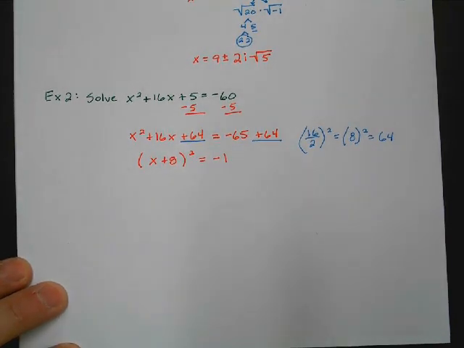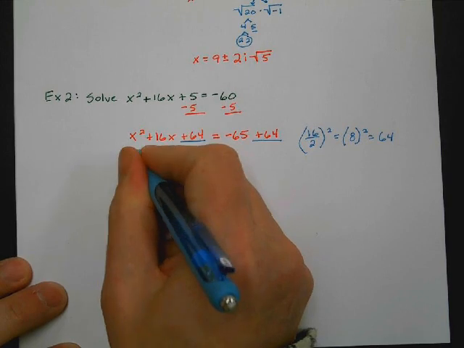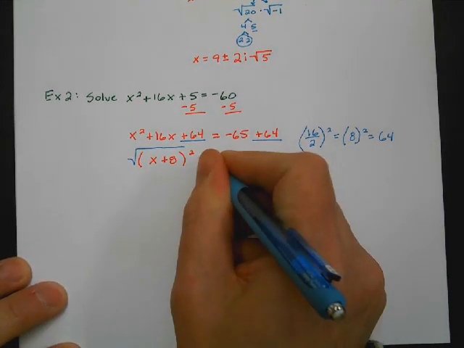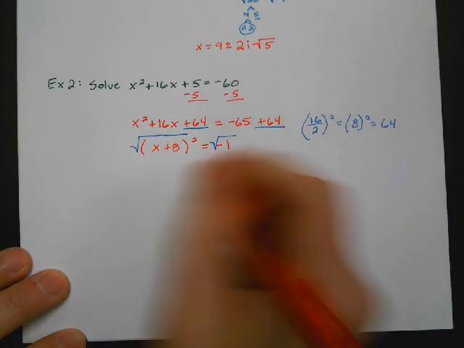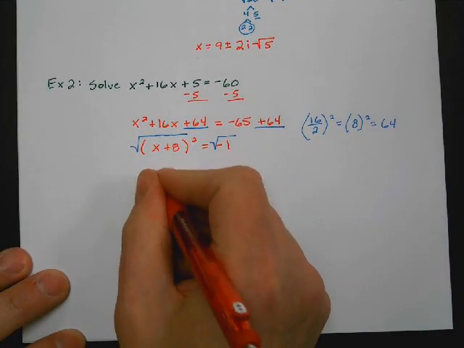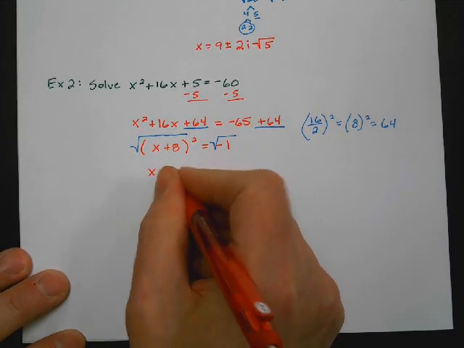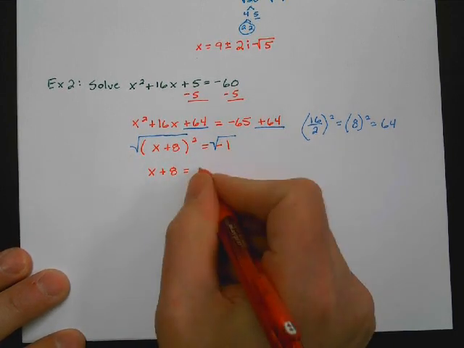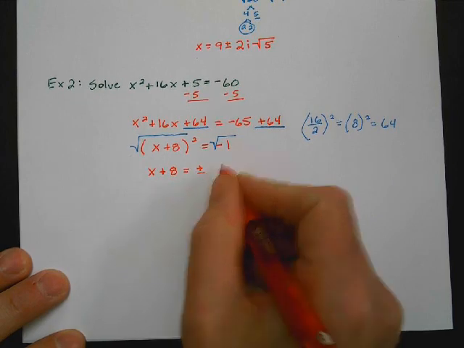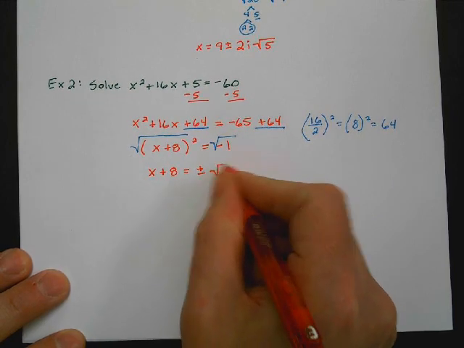All right, now we're at the point that I can take the square root of both sides. On this side, it yields x plus 8. On the other side, do not forget the plus or minus. We got the square root of negative 1.